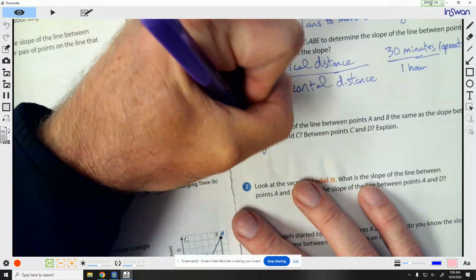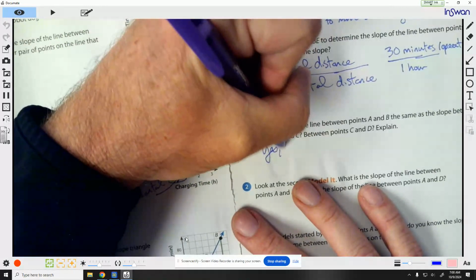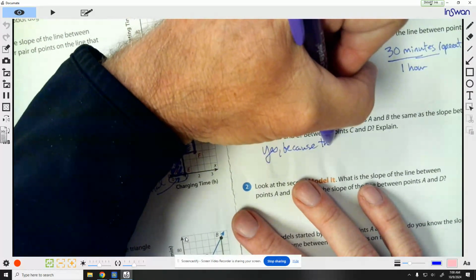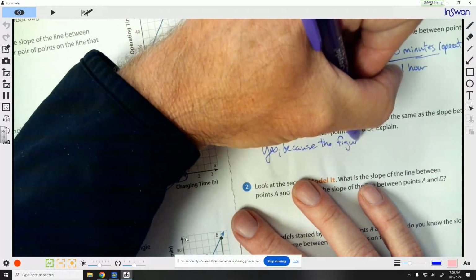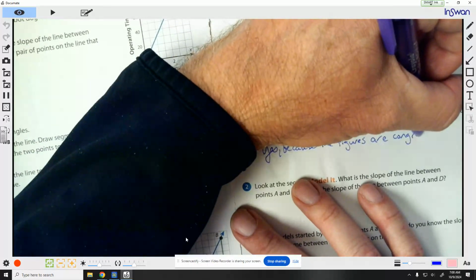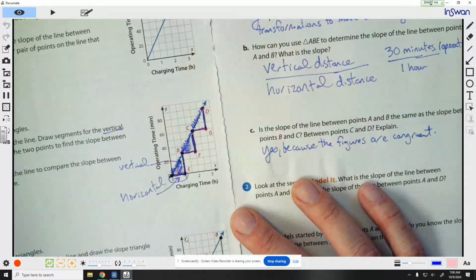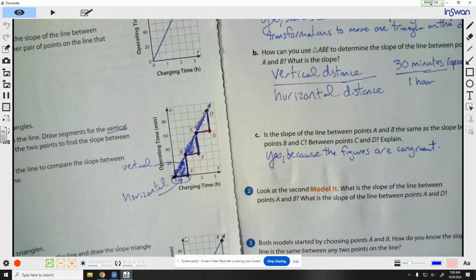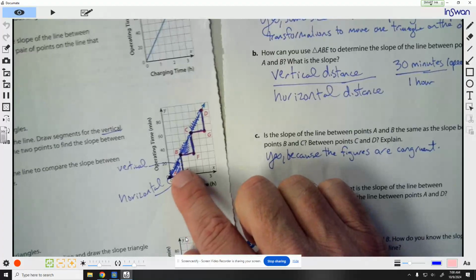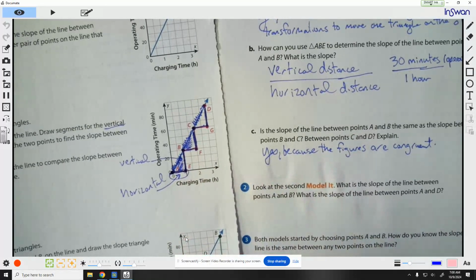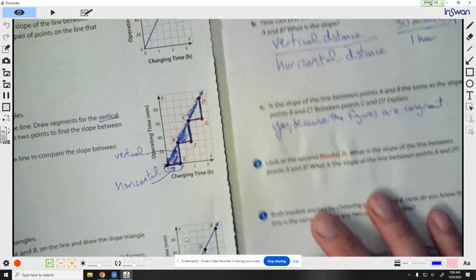And we could say yes, because the figures are congruent. We already talked about before how we could do various transformations to move these objects onto each other, to map them onto themselves, and doing so, we learn that they are congruent.